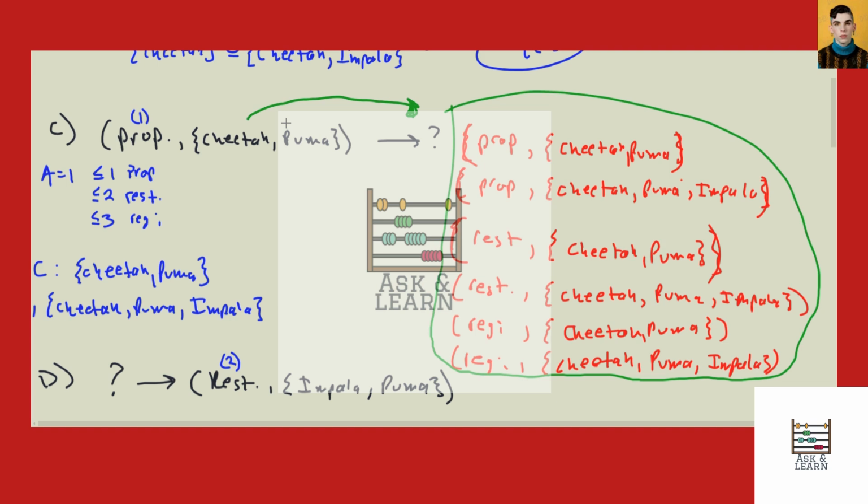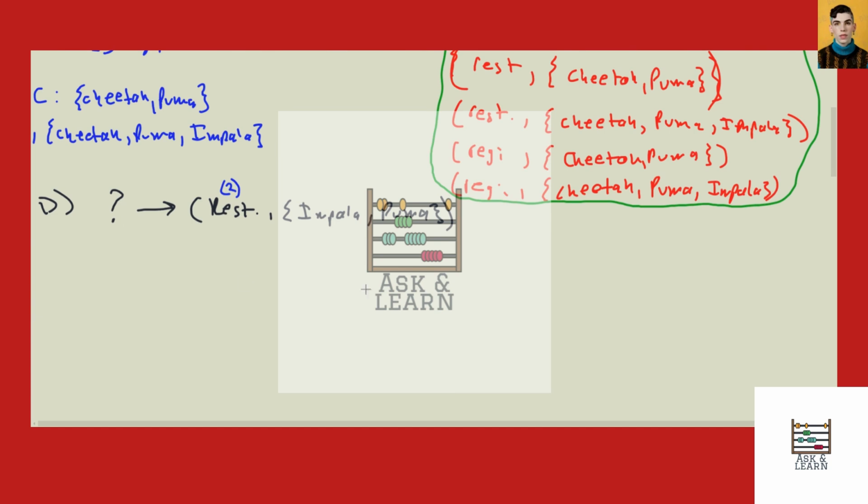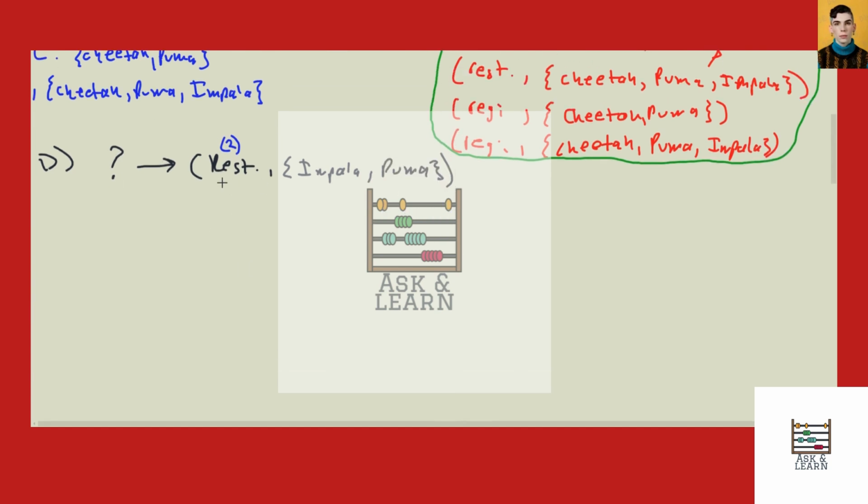Okay, now the next thing we want to do is to find what groups can pass information into restricted Impala Puma. All right, so again, for A, we need everything less than or equal to it to be able to pass information into here. So we can have 0, 1, and 2. 0 was non-proprietary, then we have proprietary, then we have restricted.